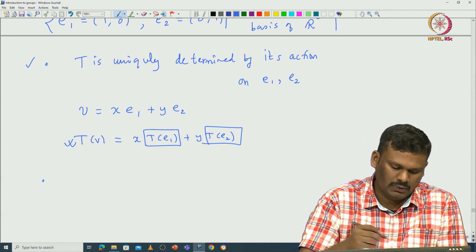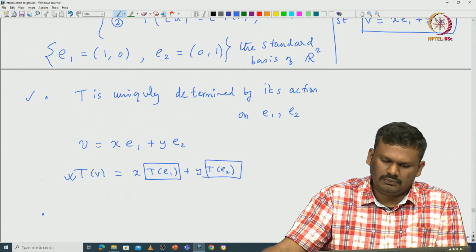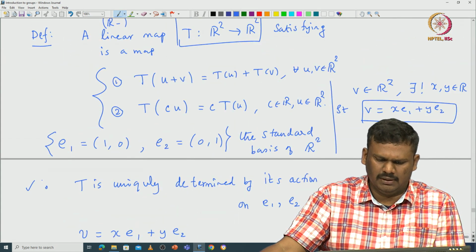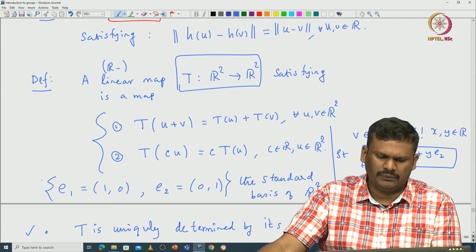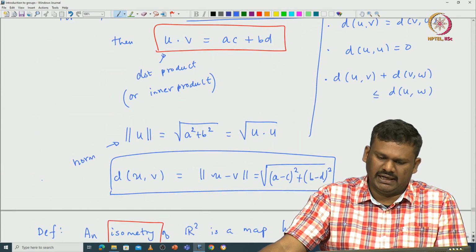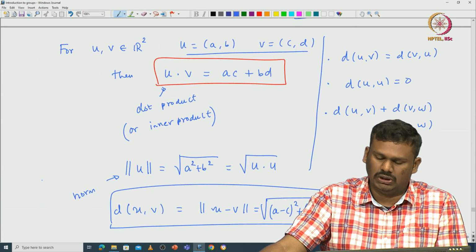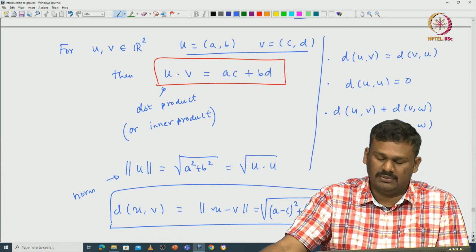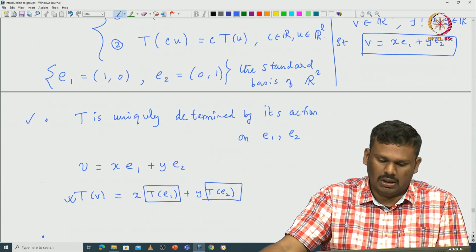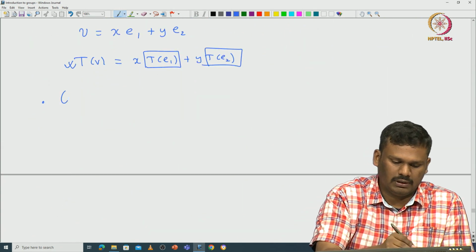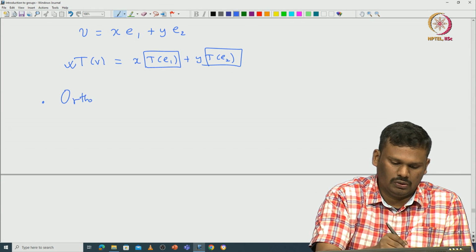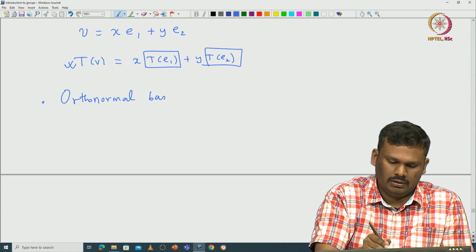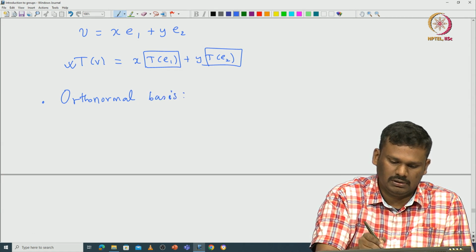Now there are various bases available in R2. In particular, we have the standard inner product, which is the dot product. With respect to it, we can talk about some special kinds of bases in R2, called orthonormal bases. What is an orthonormal basis?